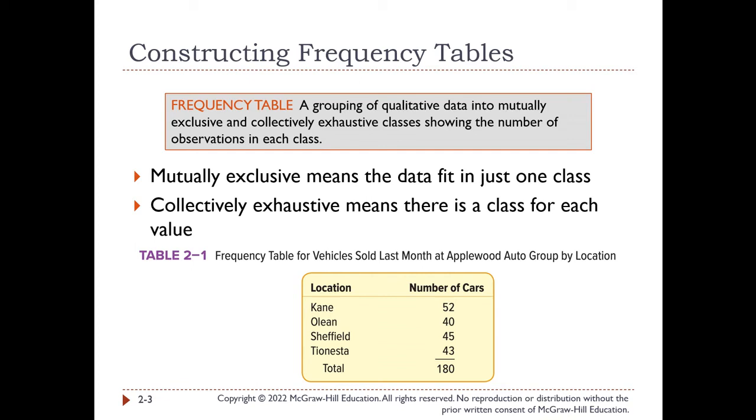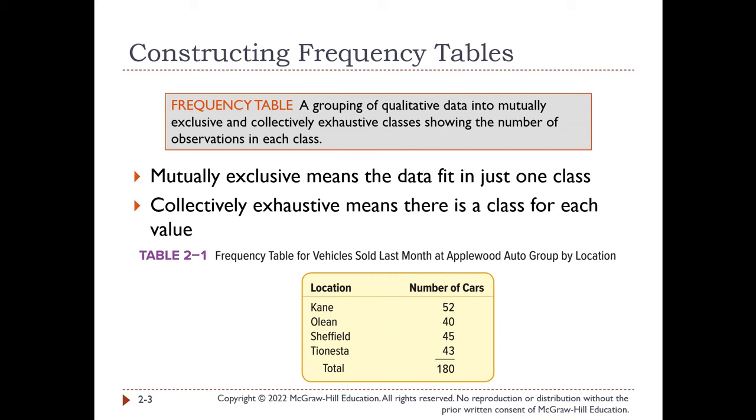So we're going to use the example of a vehicle dealership, and how many cars they sold each month. Right now we're in the basic model. Here we have Applewood Auto Group, grouped by location, and we can physically view that they have sold these many cars per location.